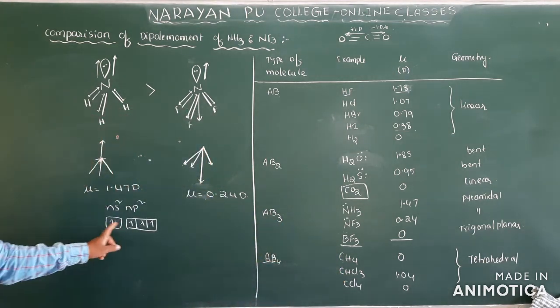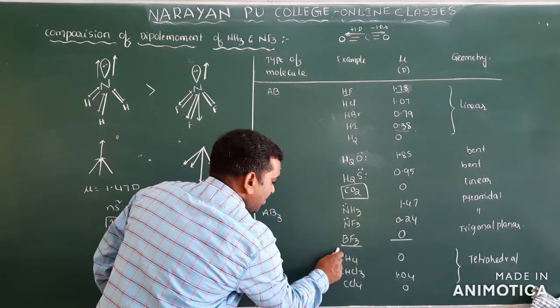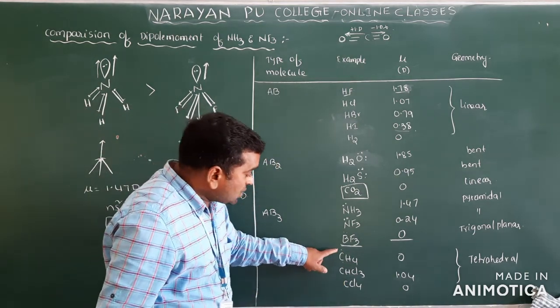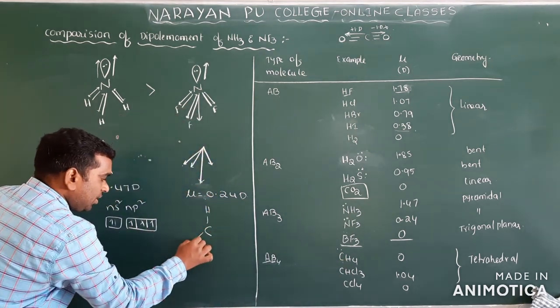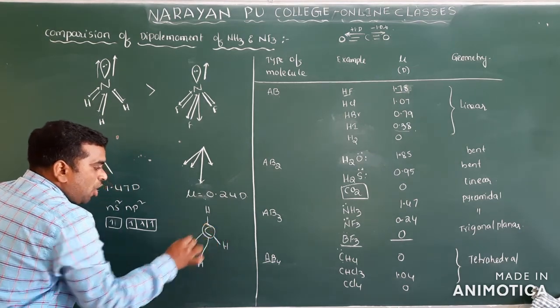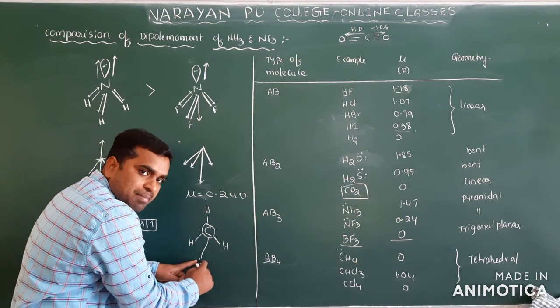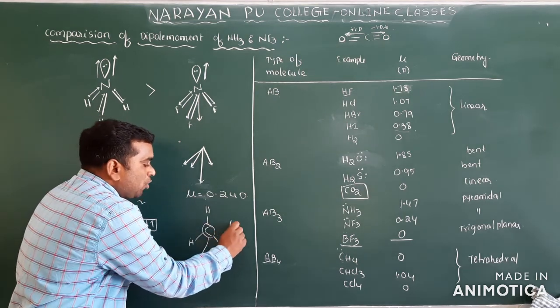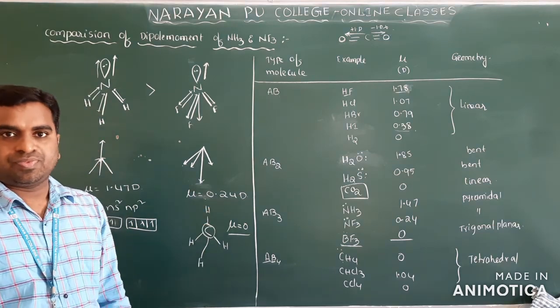After forming 4 bonds, is there any lone pair of electrons here? No. So that's why it doesn't have a lone pair, and also all the surrounding atoms are the same. I already mentioned, if the central atom doesn't have a lone pair and all surrounding atoms are the same, then the dipole moment for that molecule will be 0.